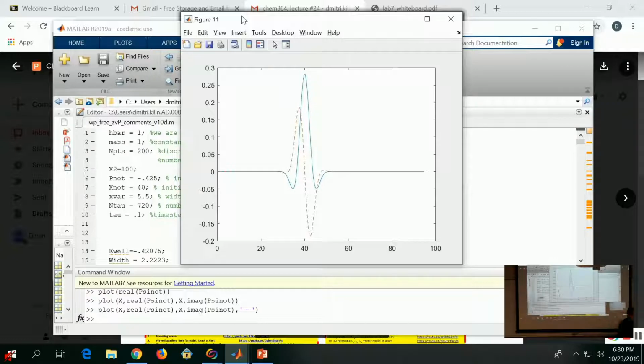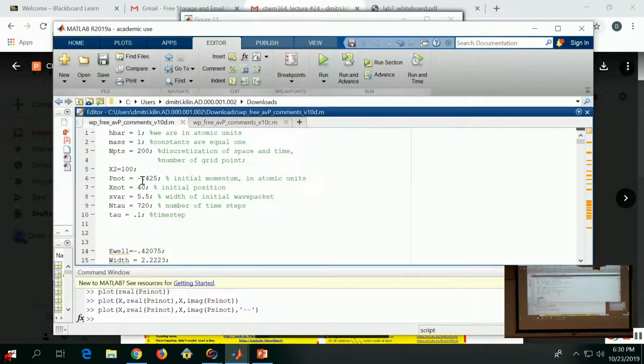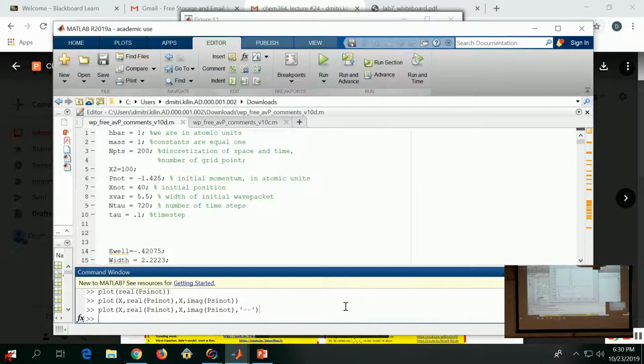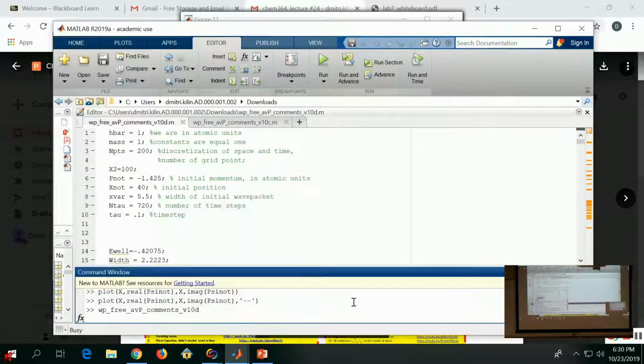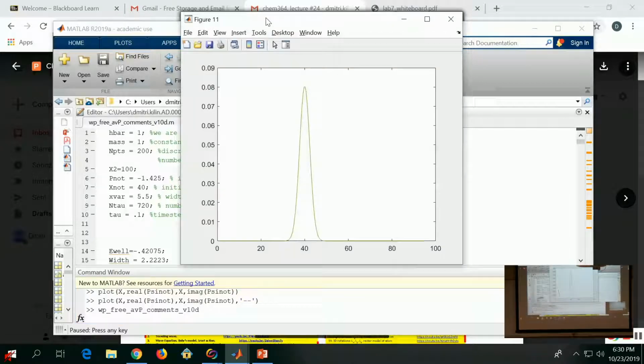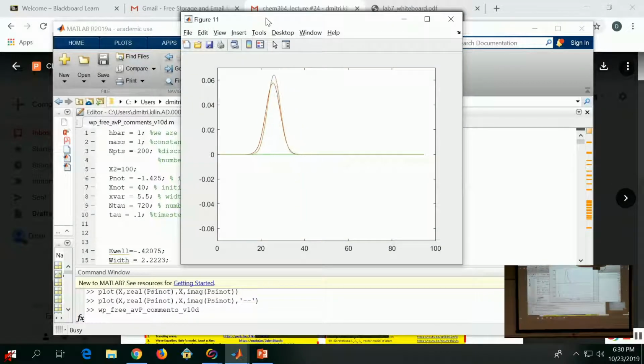I'm going to do another experiment. I will triple the value of P naught. I put like minus 1.5 or whatever. Save, rerun, and then repeat this experiment of plotting. Run. So it moves quicker, right?